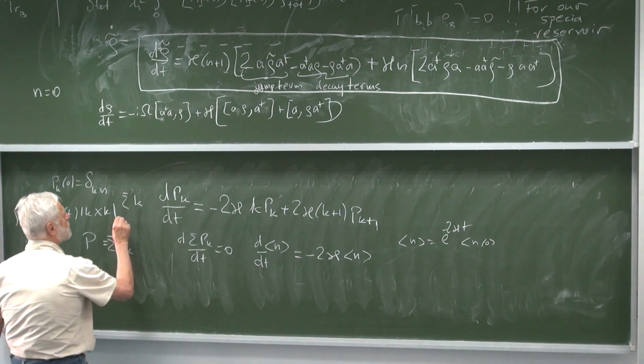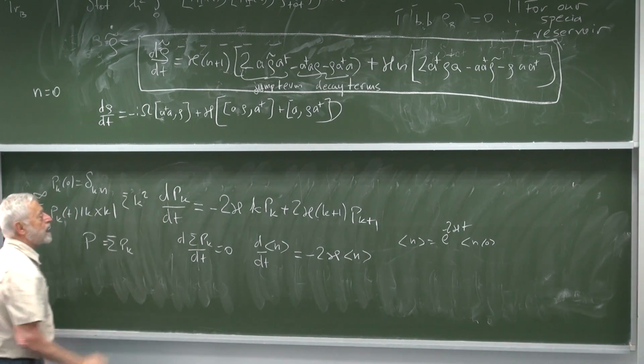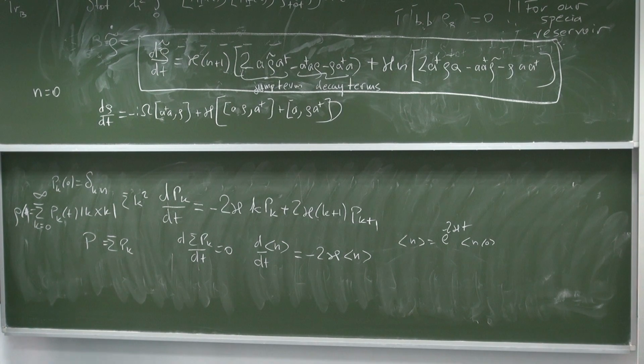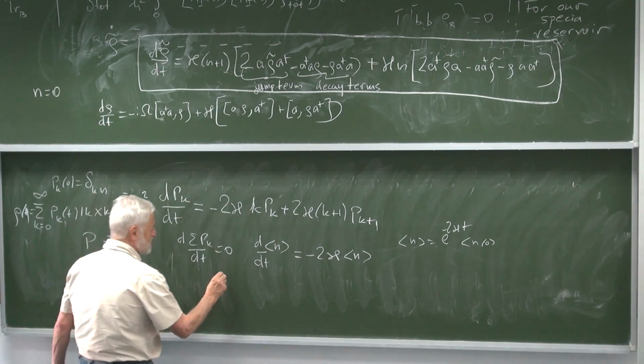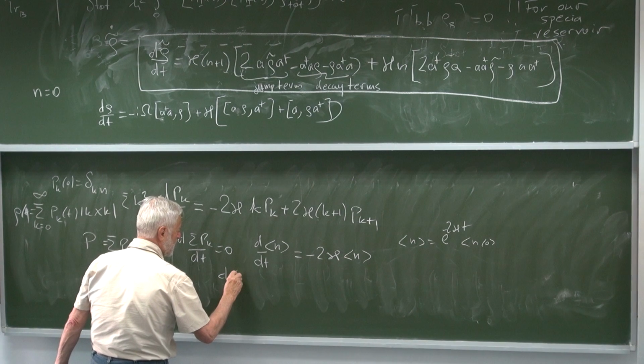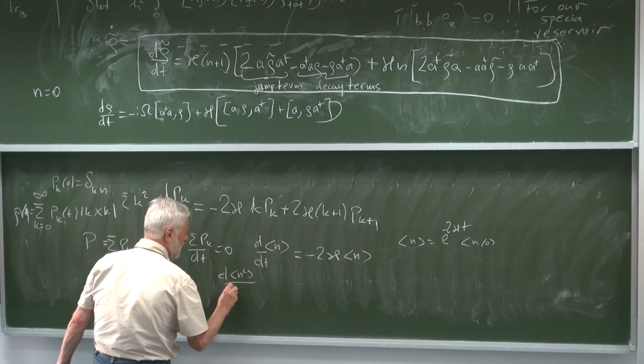And then I can also multiply this by k squared to see what is the equation which is satisfied by the mean value of n squared.